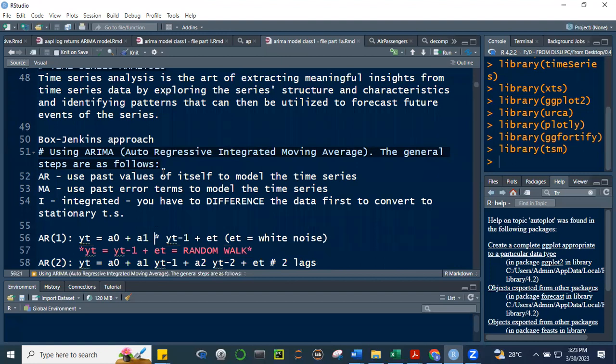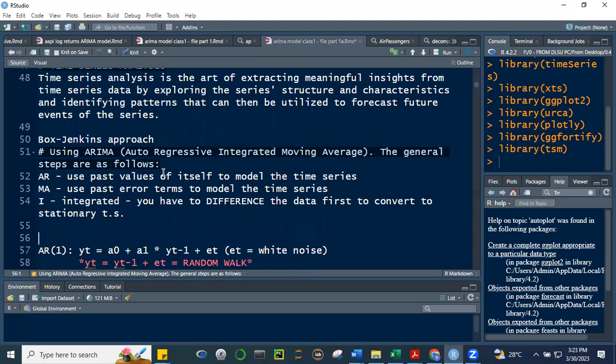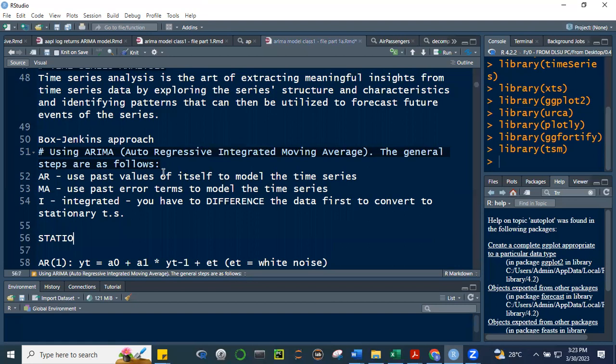And the integrated there means you do some manipulation first with the data before you can use the Box-Jenkins approach. Our data has to be what we call stationary. So this is very important about stationary data series.